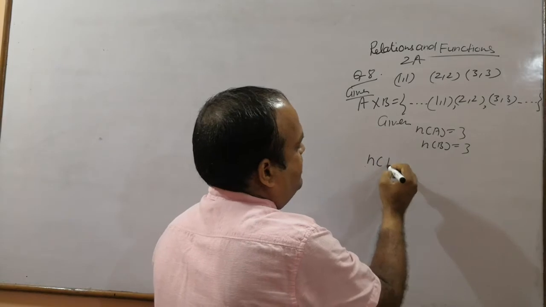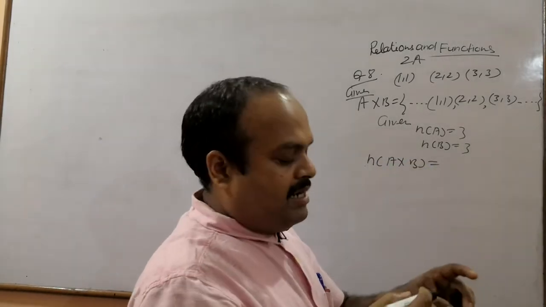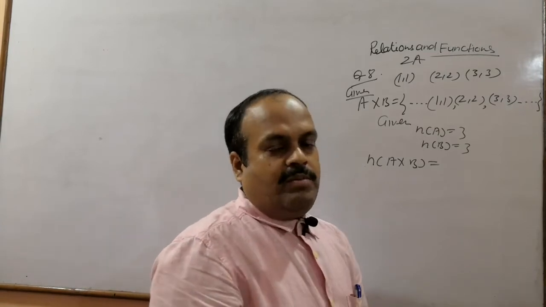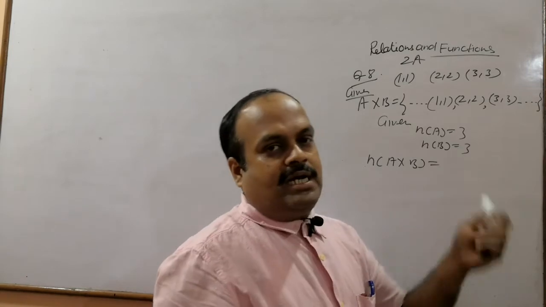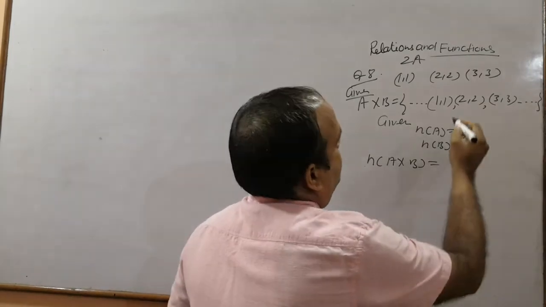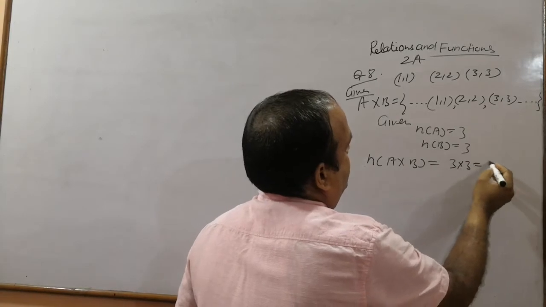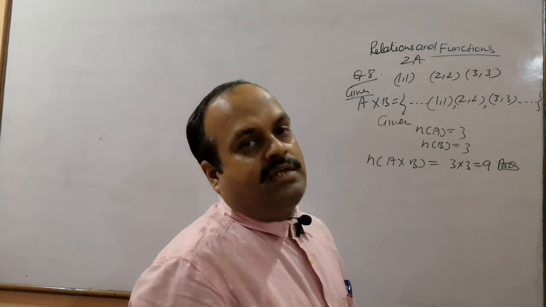We have to find the cardinal number of A cross B. The cardinal number of A cross B will be equal to the cardinal number of A multiplied by the cardinal number of B. So the first part's answer is 9.